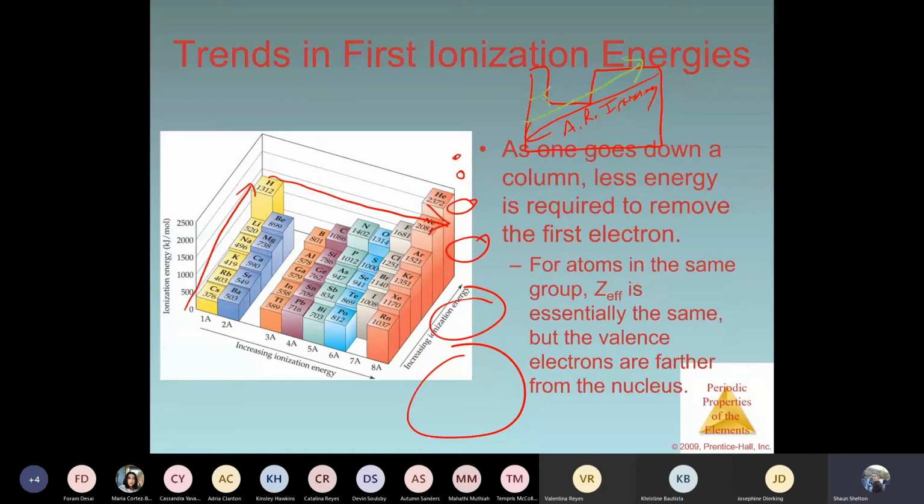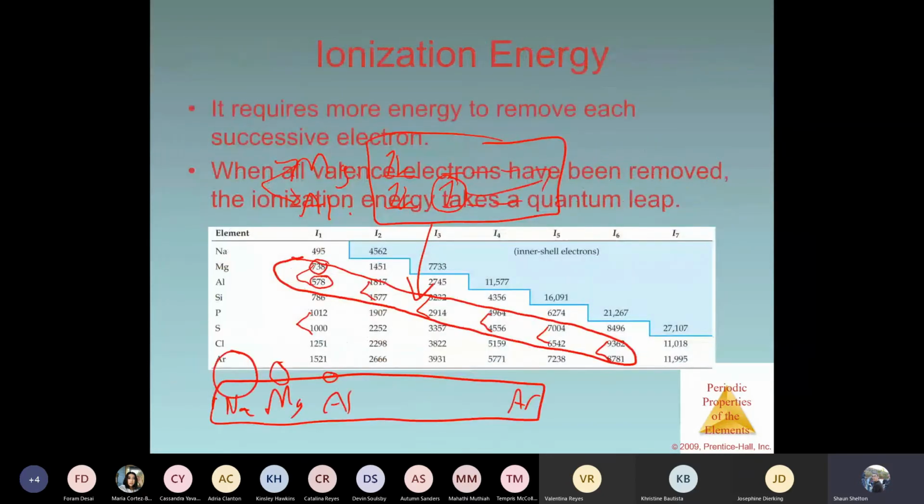So the ionization energy is increasing in that direction. Okay, so it's the opposite direction. So as the atoms become smaller, the ionization energy increases. That's just a typical pattern, but keep in mind that we did talk about this weird thing that takes place with the electron configuration.